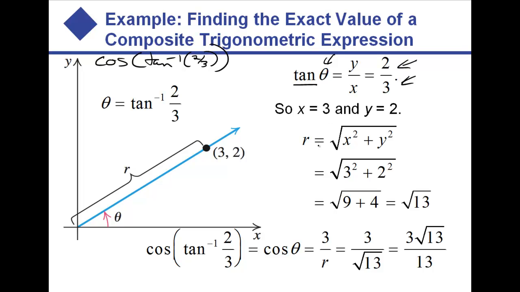And we know that if this is my angle, this is my theta, tangent gives me opposite over adjacent, right? It gives me this length over this length, opposite over adjacent.